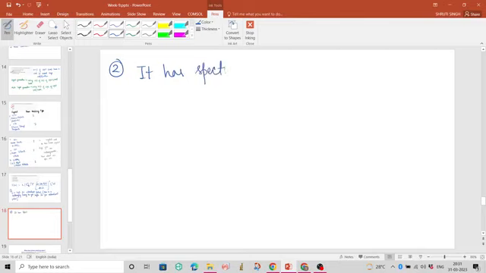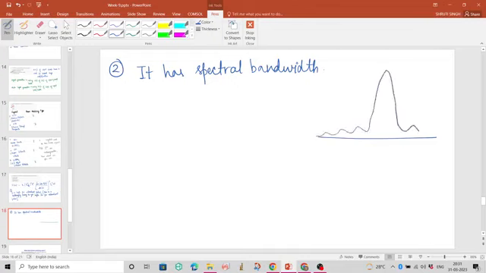So it has spectral bandwidth. Spectral bandwidth means it is something like this. So this much is the spectral bandwidth.